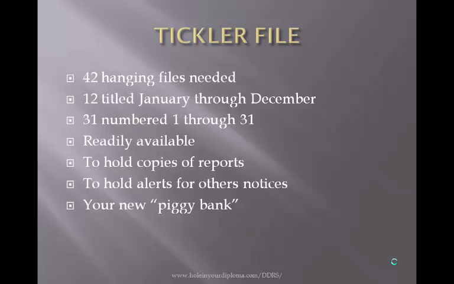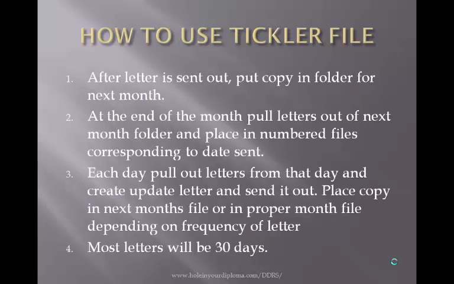So create the tickler file, and here's how you use it. After a letter is sent out, you put a copy in the folder for the next month. So let's say you send out a report on August 15th. You would put a copy of that report in September's file. Okay?